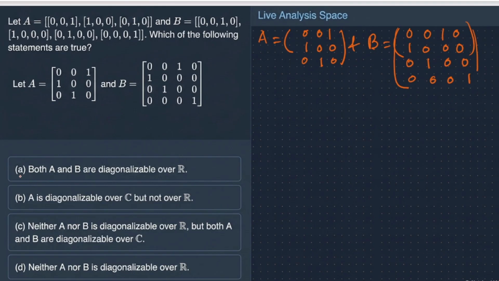What are the options? Option A: both A and B are diagonalizable over R. Option B: A is diagonalizable over C but not over R. Option C: neither A nor B is diagonalizable over R, but both A and B are diagonalizable over C. And option D: neither A nor B is diagonalizable over R.